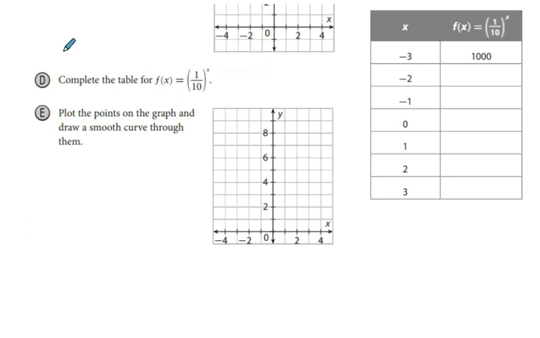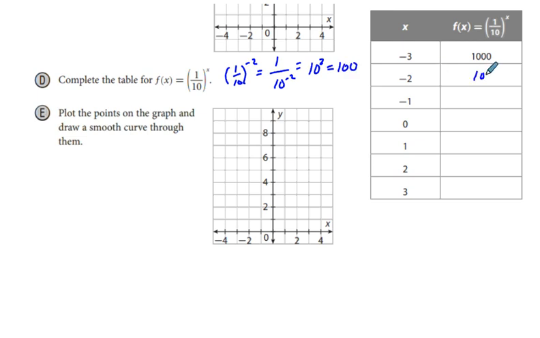And then same principle, but for 1/10 to the power of x. For -3, we get 1,000. If we have 1/10 to the power of negative 2, we get 1 over 10 to the negative 2, which is the same as 10 squared, which equals 100.